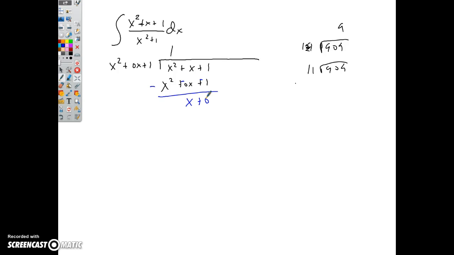All right, Mr. Dietz, what times x squared gives me x? What times x squared gives me x? It'd be 1 over x, but don't worry about it. It's hard to do, right? So therefore, we would stop and write this as a fraction: x over x squared plus 1.